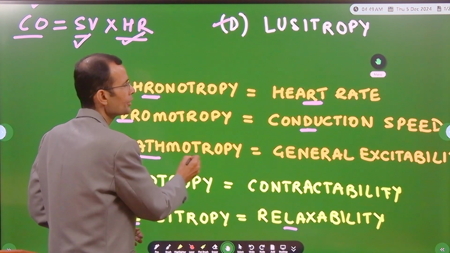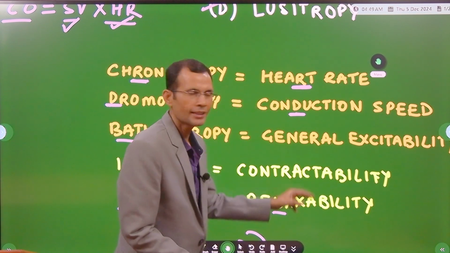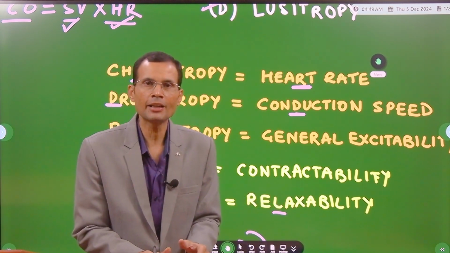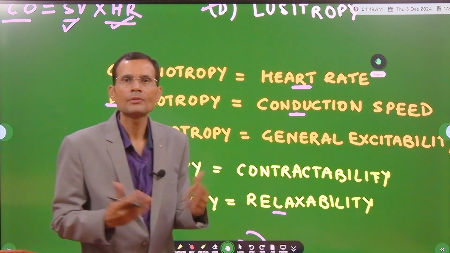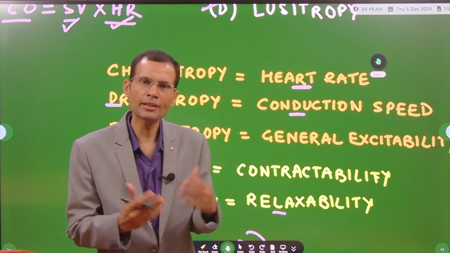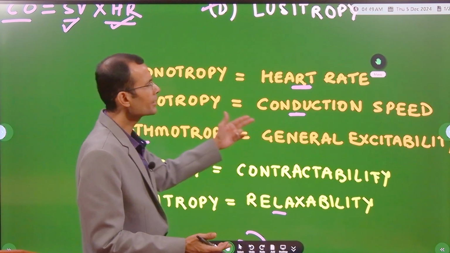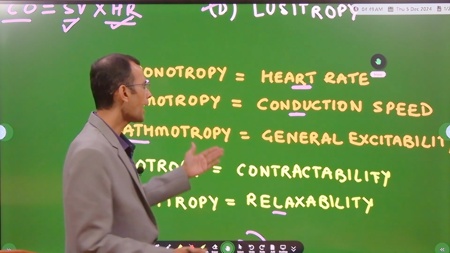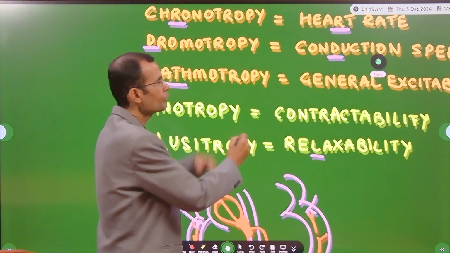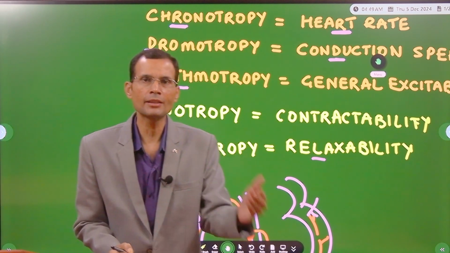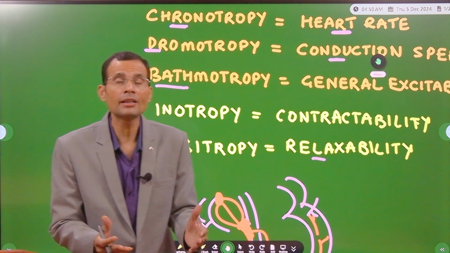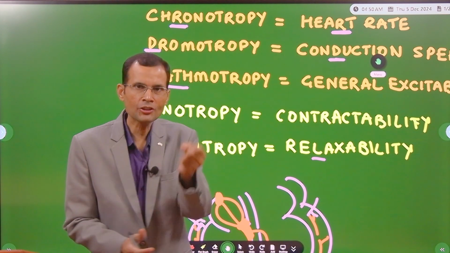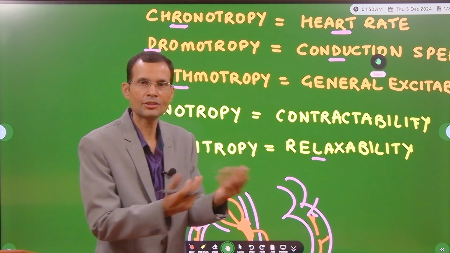So you have noted here that the first three effects are related to the conducting system of the heart. Heart rate is determined by the pacemaker and the conducting system of the heart. Similarly, conduction speed and general excitability. So the first three effects are related to the conducting system, and the last two effects are the mechanical events: contraction, systole, and relaxation, diastole.